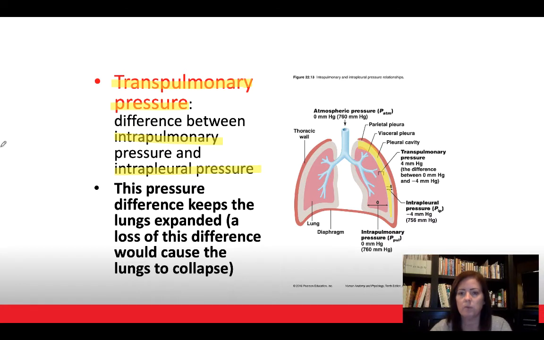Okay, and so what we see here is that this pressure difference keeps the lungs expanded. This is that negative pressure difference. The fact that the intrapleural pressure is always going to be slightly more negative than the intrapulmonary pressure, because that creates the suction that holds the lungs out.